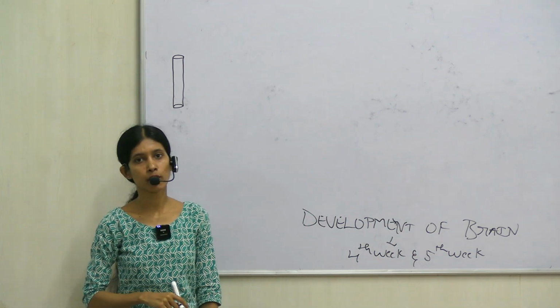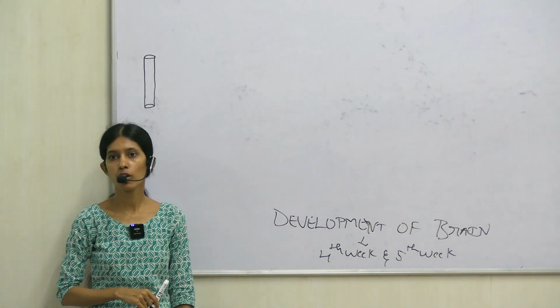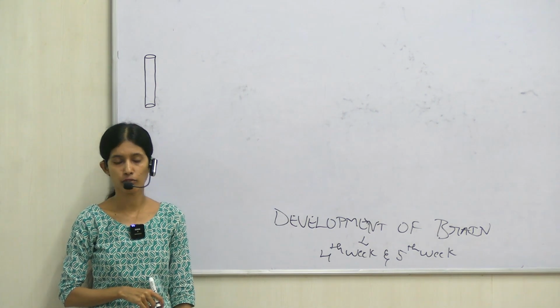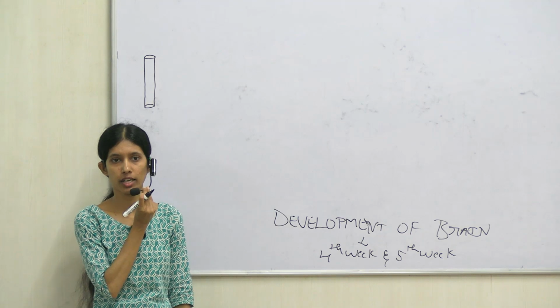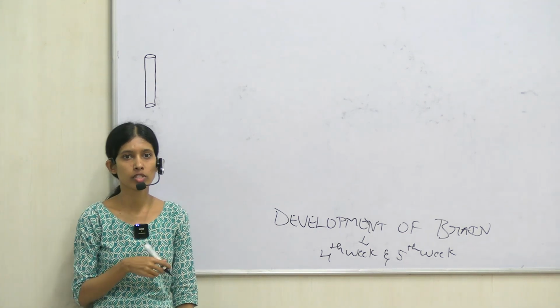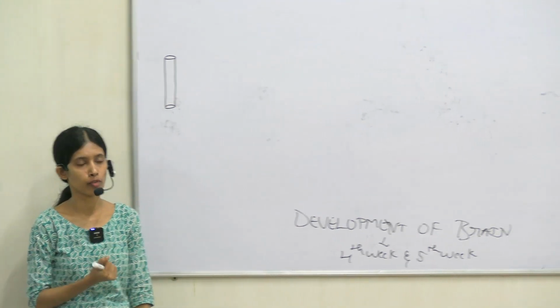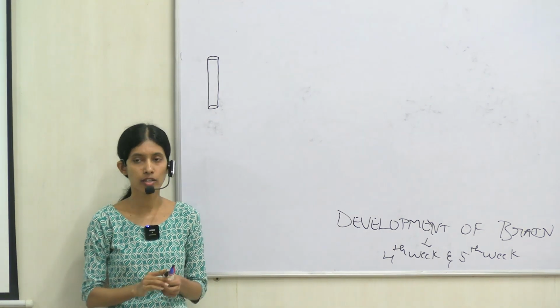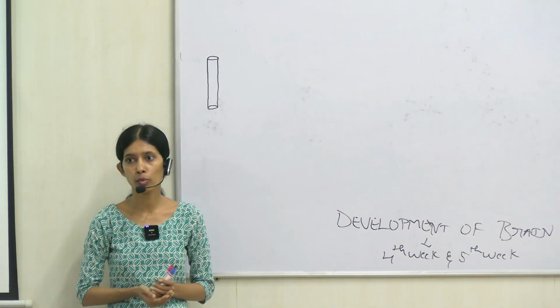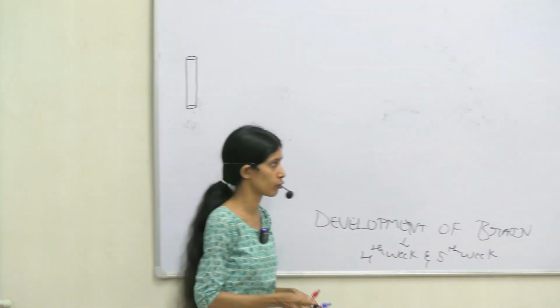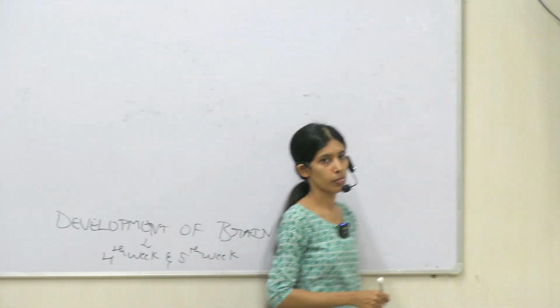So the development of the brain takes place in the 4th and 5th week of intra-embryonic life. Before stepping into the development of the forebrain, midbrain and hindbrain, we should be aware of 4 basic topics. What are those 4 basic topics?